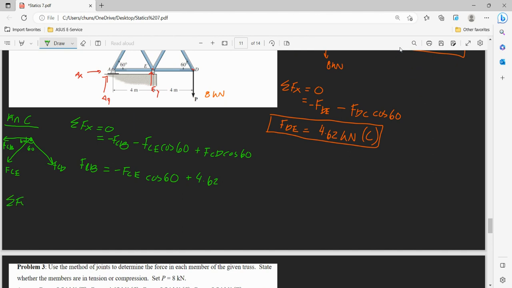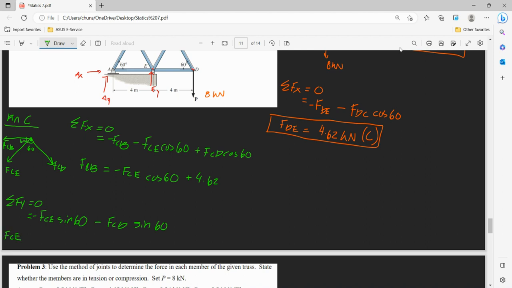So for our Fy, we're going to have two unknowns. So this is negative FCE sine 60 and negative FCD sine 60. So let's solve for FCE.